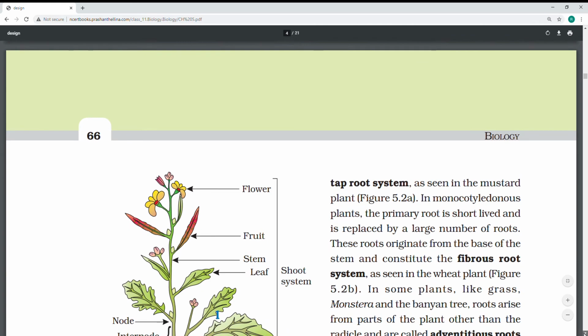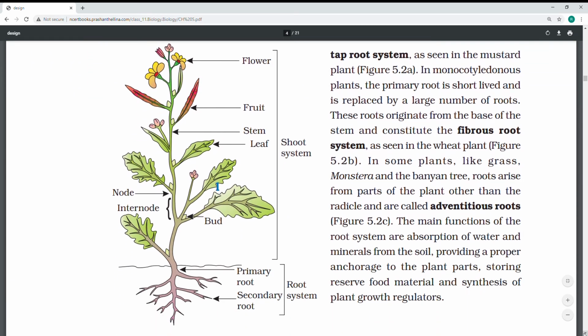If you see this diagram, see the root here. The primary is the biggest one. The secondary are the laterals which are coming from the sides. Complete this primary, secondary, tertiary, all together, is called the root system.